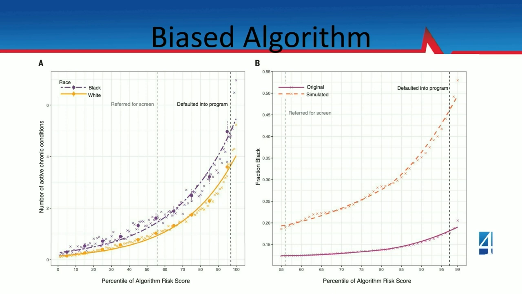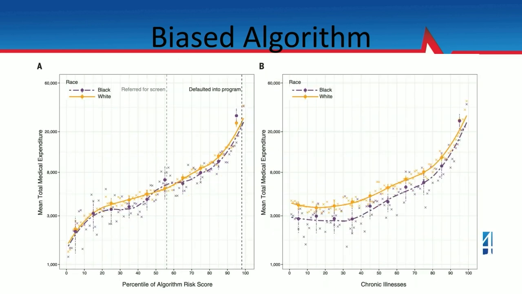So from that, they actually redid the numbers and they swapped sicker black patients with healthier white patients until this number balanced out. And you can see that the fraction of black patients that were defaulted into the program, well, there was a significant rise in it. When they looked at cost overall, and this is kind of the crux of this, there is no real difference between these charts. That looks to be about the same.